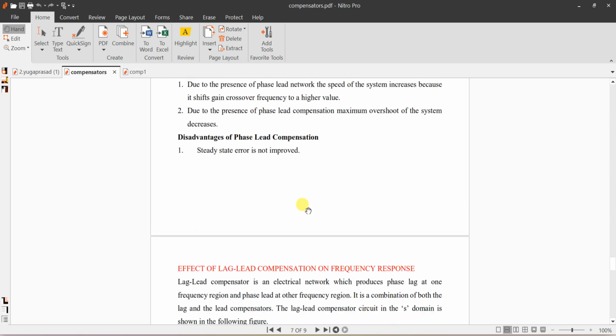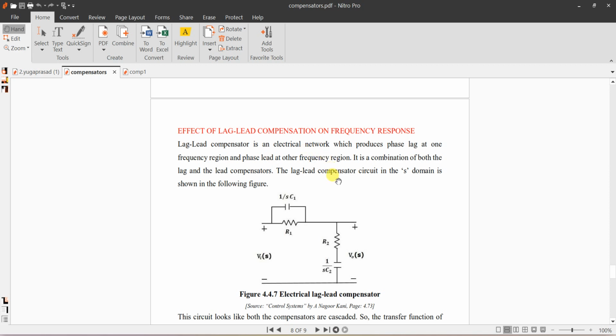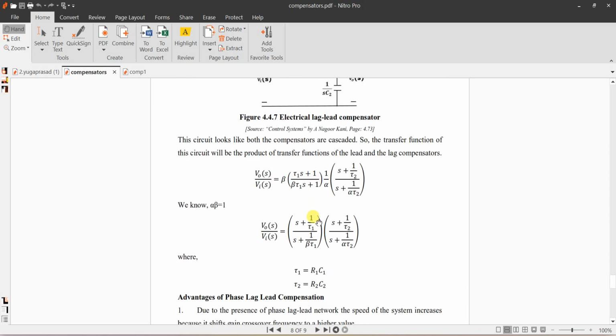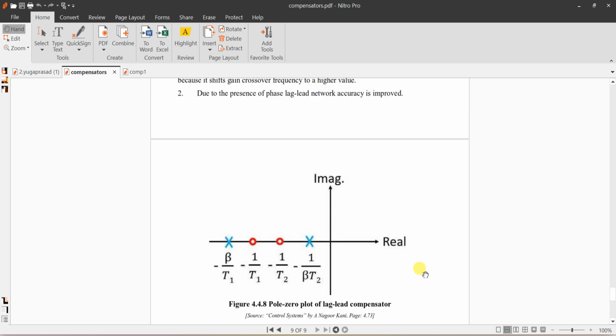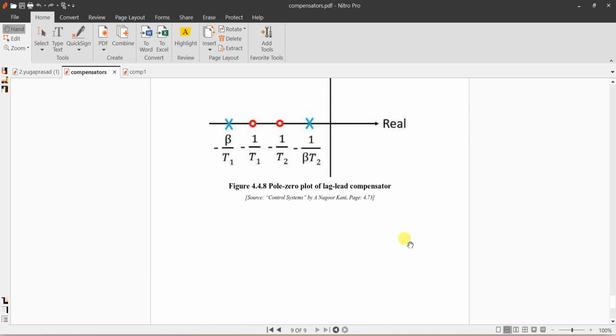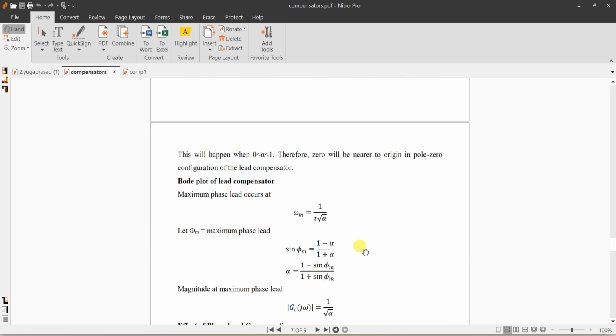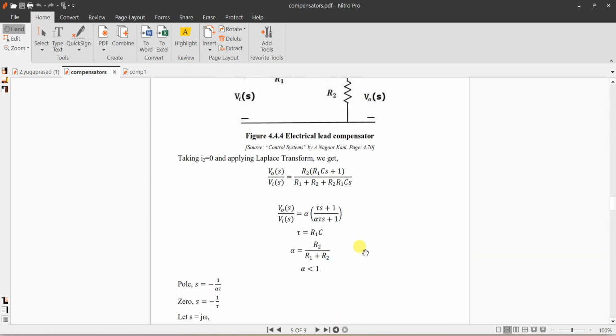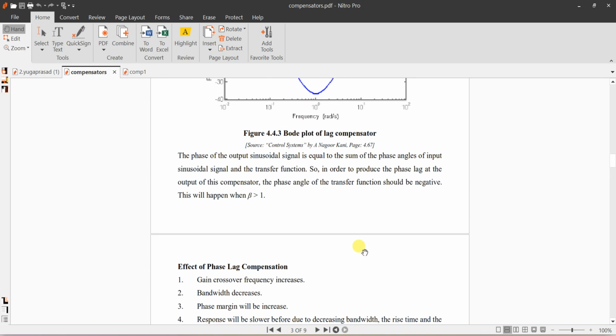And the last one, the effect of the lag lead compensator: you have to write the circuit, and if you execute it, you are going to get that graph, which is missing here. So I will show you that in the simulation only. So we will see the advantages and disadvantages of the different circuits.